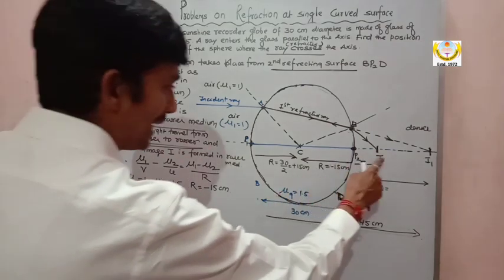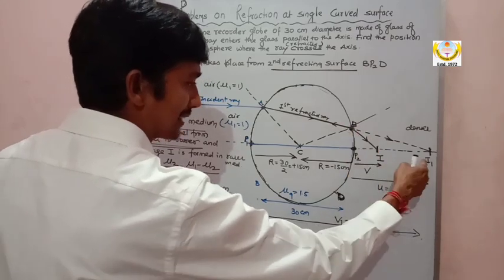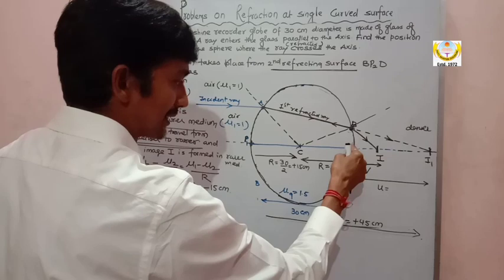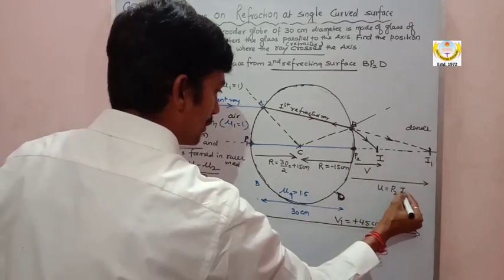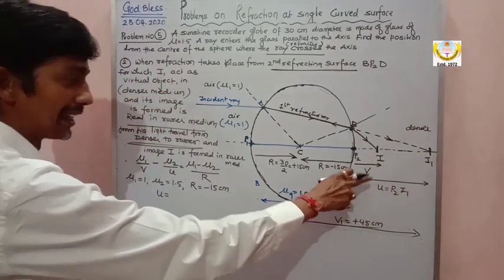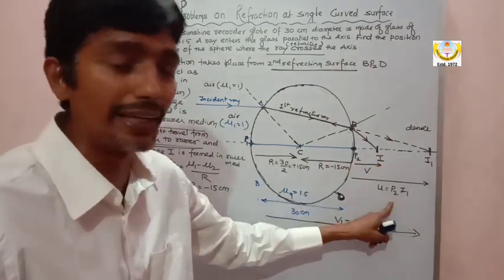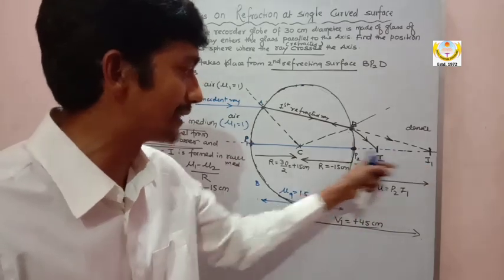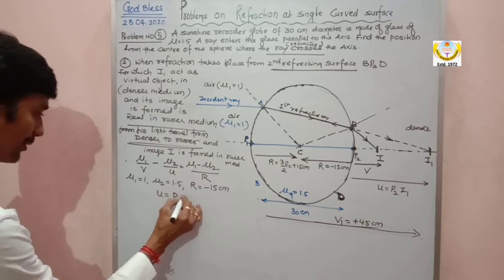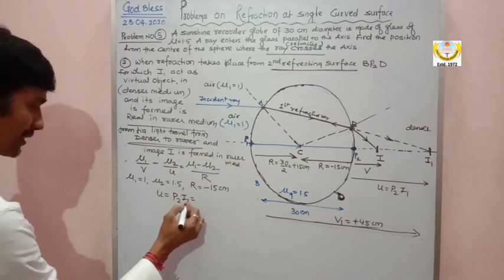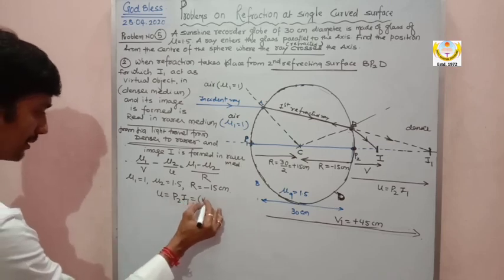Because P2I is v, and P2I1, because for this surface, my dear, this is the object. So the distance is measured from P2I1, and u is your P2I1, and it is positive. Again, because this is a virtual object, u will be positive in this case again. You can see the measurement. So that's important. So u is P2I1, and that is how much it will be, my dear, because it is a virtual object.